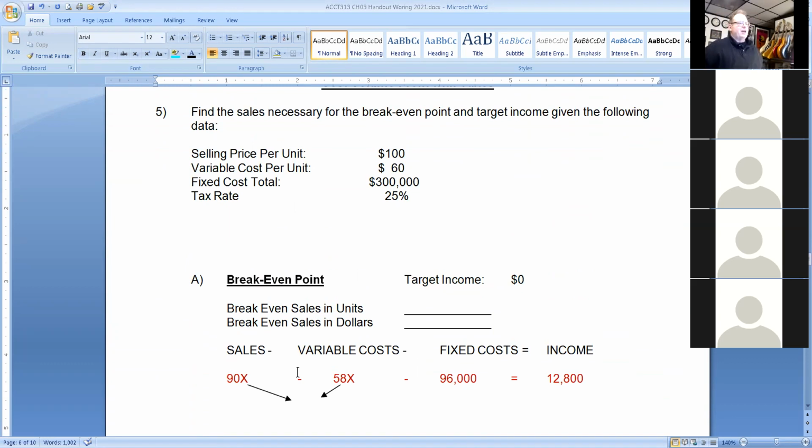All right, so your break even would be exactly the same as you did before. Selling price of this was 100. Variable cost was 60.